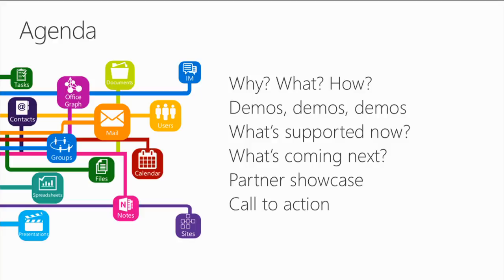Along the way, I'm going to be doing a whole bunch of demos. And then we're going to talk about what you can do today, what is going to come up in the near future. I'm going to do a little bit of a partner showcase. One of the partners that we worked with previous to the conference, and in 2 weeks they made a pretty cool, awesome experience. So I'm going to show that. And then I'm going to give you information about how you can get started.